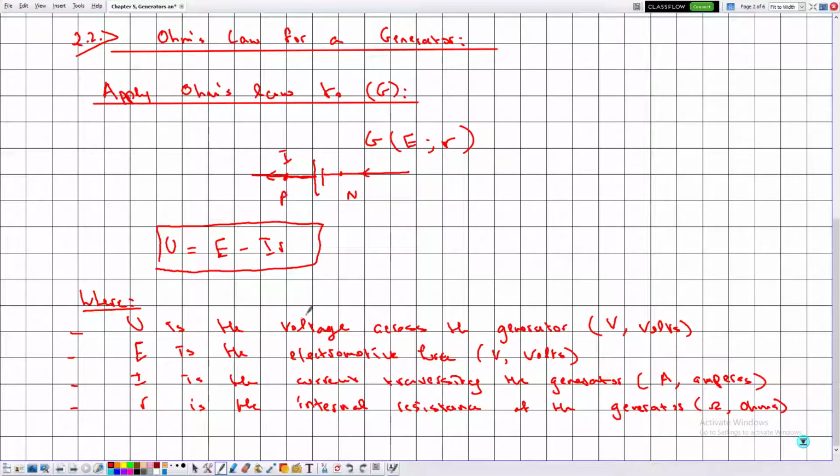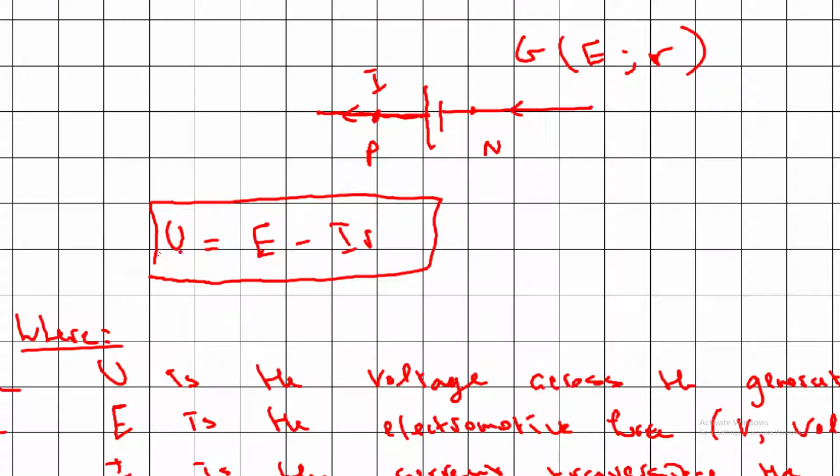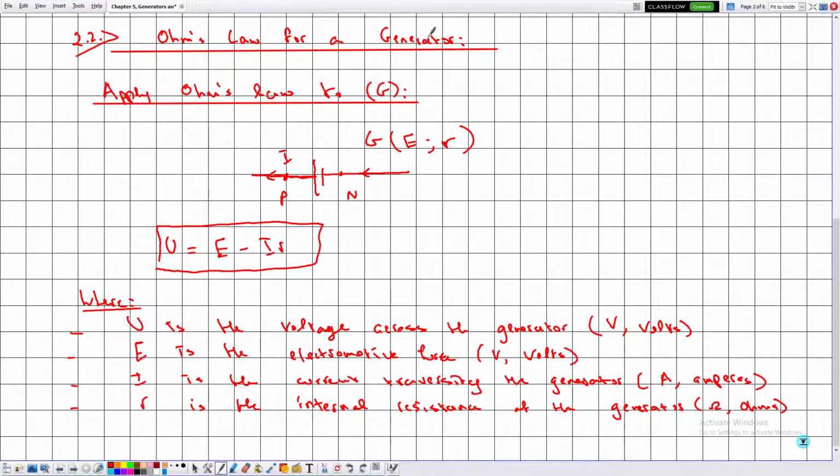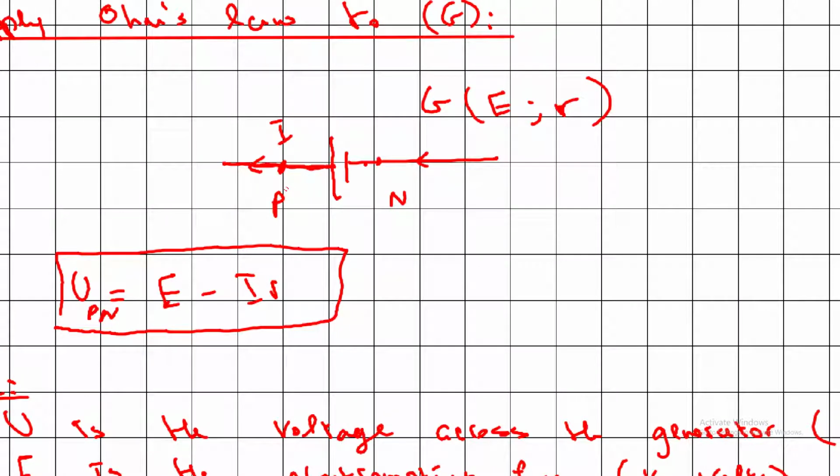Okay, now U is the voltage across the generator. Here I didn't label the voltage U to be UPN or UNP. Because this is a generator and it's the one responsible for delivering the current, in this particular case the labeling of the points will be UPN, moving in the opposite direction of the current, not from N to P but from P to N, because we are used to this fact.